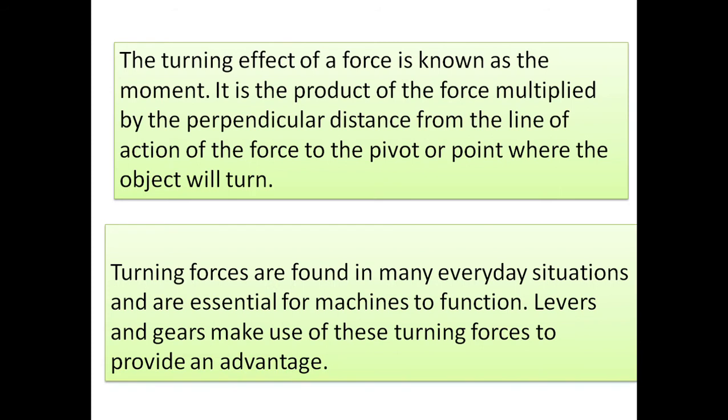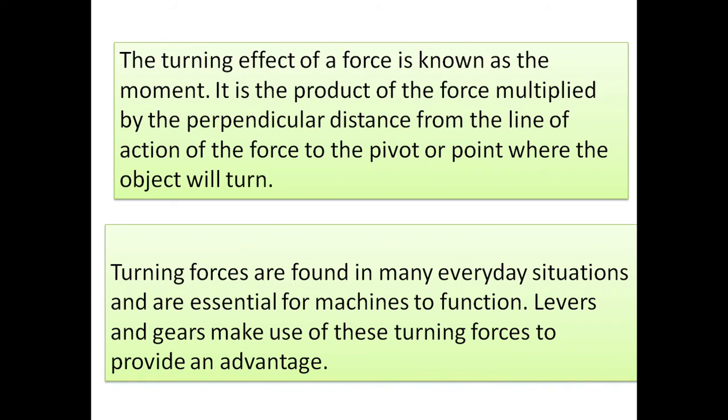The turning effect of a force is known as the moment, as I mentioned earlier. It is the product of the force multiplied by the perpendicular distance from the line of action of the force to the pivot, or point where the object will turn. Pivot is the place where the object is turned.